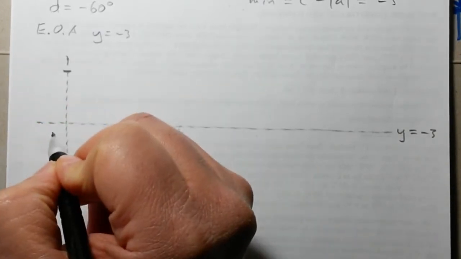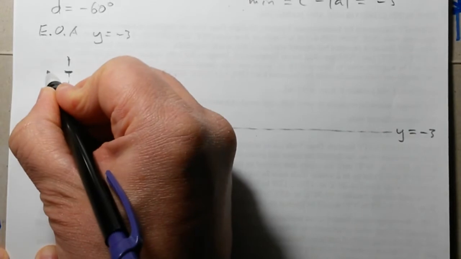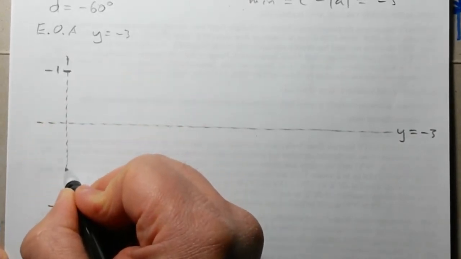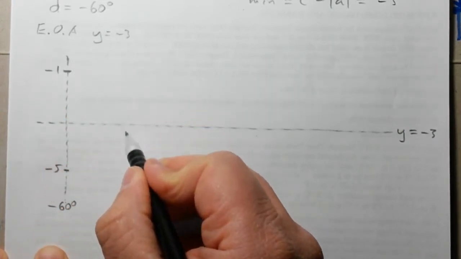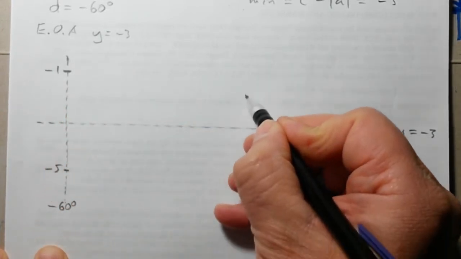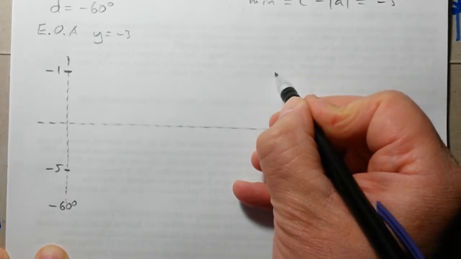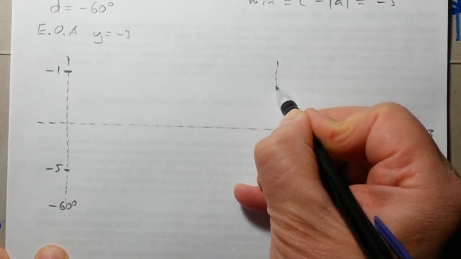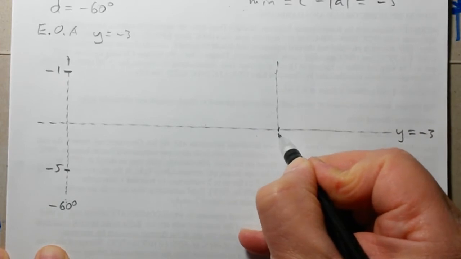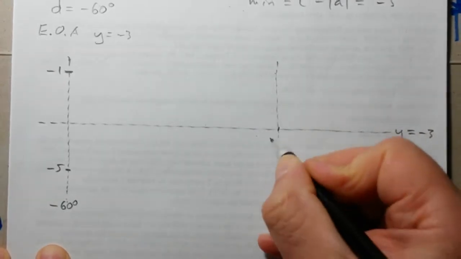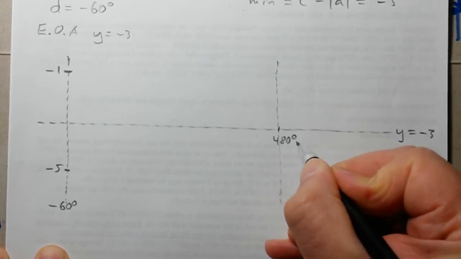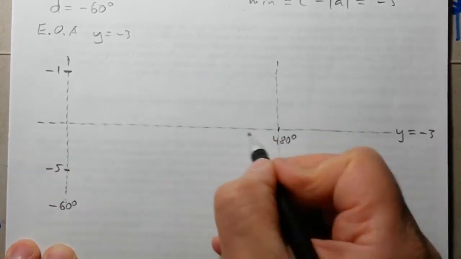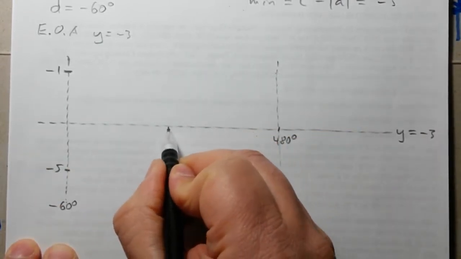The maximum happens to be negative 1 and the minimum happens to be negative 5. We start at the top, go to the bottom, and end up at the top again, roughly at 480 degrees. Then you divide this into 4 parts.